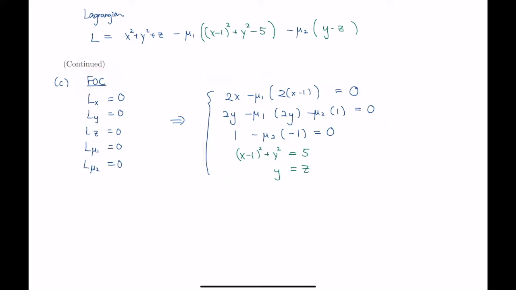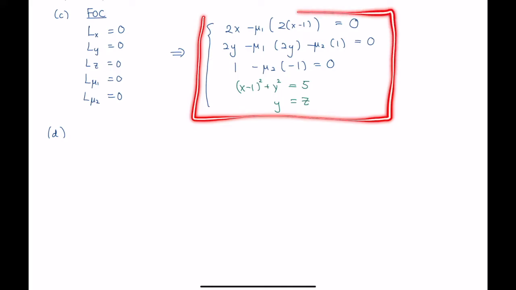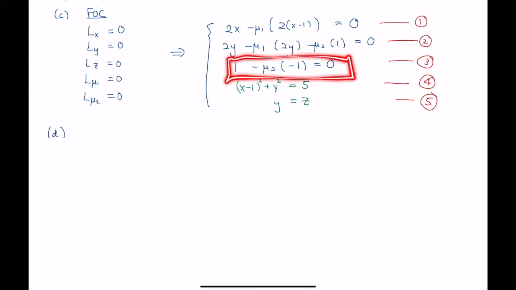Now we come to the last part, the most complicated part, that is actually solving this system of equations. 5 equations, 5 unknowns. But this is really a lie, because if I label these equations 1, 2, 3, 4, 5, one of the equations already tells you one of the variables.